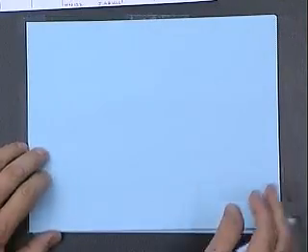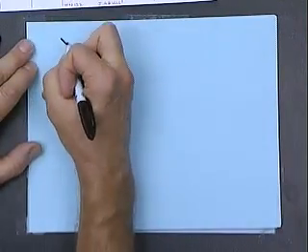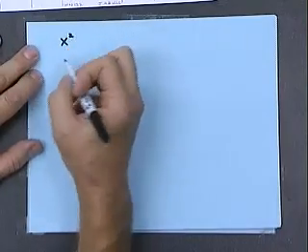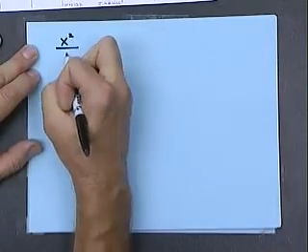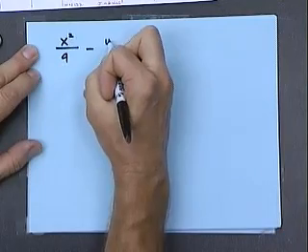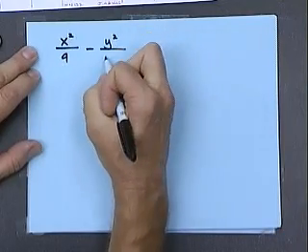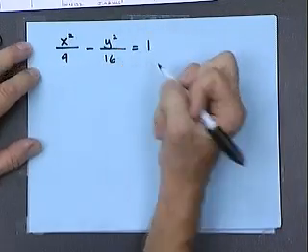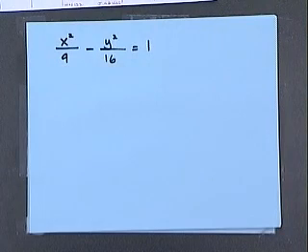Let's save a little bit of time and not do one with a's and b's and c's. Let's go ahead and say that this is x squared over 9 minus y squared over 16 equals 1. First of all, what's the key indicator that this is a hyperbola and not an ellipse? The negative, the subtraction.